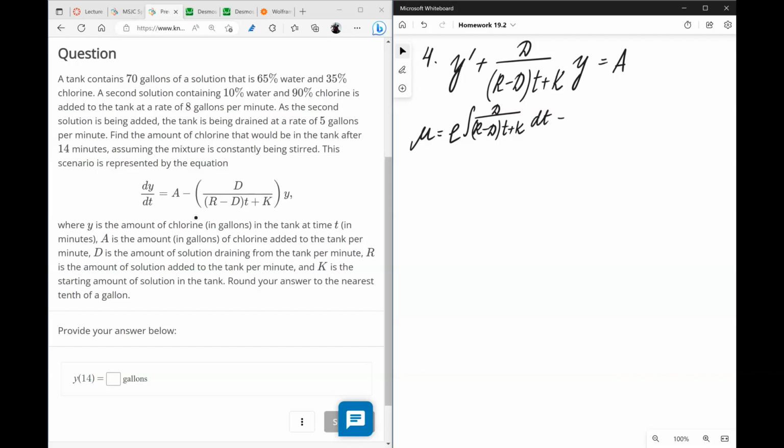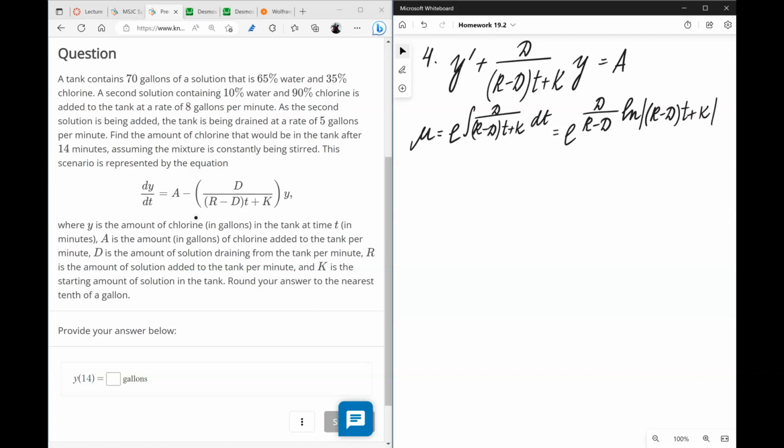So this integral will be e to the power, so we're going to have ln, so it's going to be d over r minus d, ln of the absolute value of r minus d t plus k.